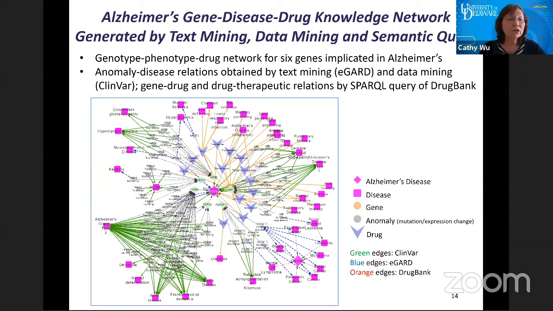The information includes gene-variant-disease relations obtained by text mining using the eGARD text mining tool, also information from data mining of resources like ClinVar, and the gene-drug therapeutic relationships obtained by SPARQL query of DrugBank. Again, it shows the relationship between the gene, drug, and disease and how they are connected.